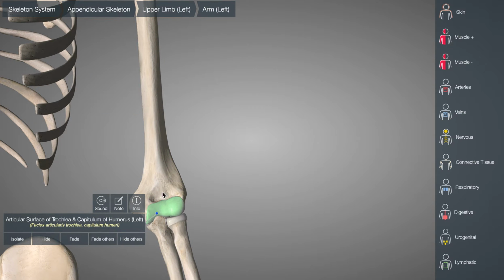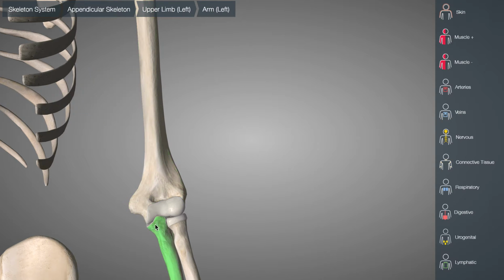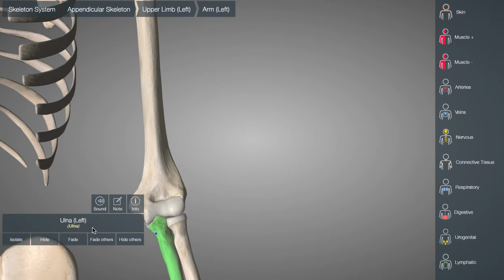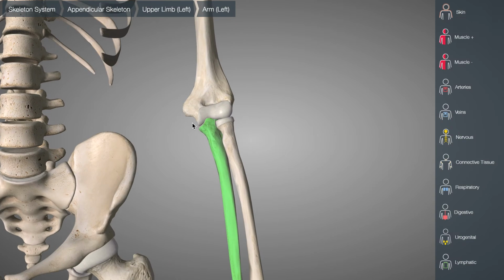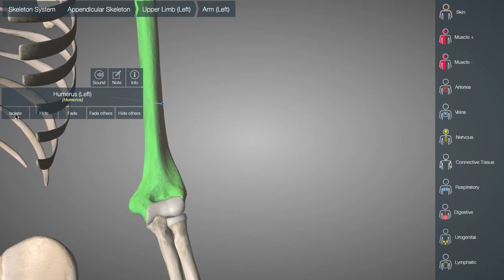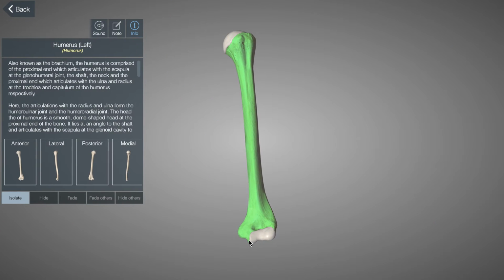So that's going to be, if I get rid of, or no, I won't get rid of them because I want to see them later. Okay, so this pointy bit right over here is called the trochlea. All right, and this right over here is called the medial epicondyle.